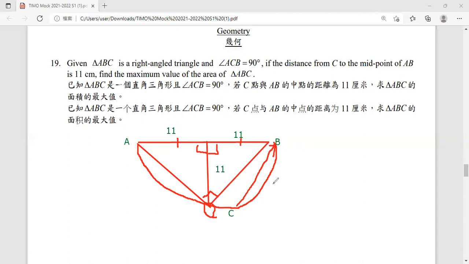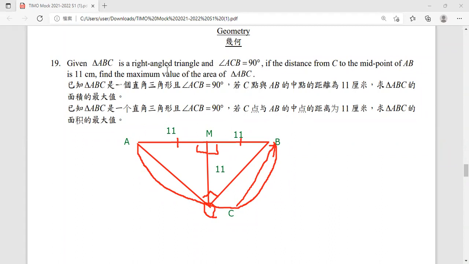Okay, now because it's a semicircle, I call this point M. MA, MB, and MC, all these three lines are the radius of the semicircle, so they are the same.